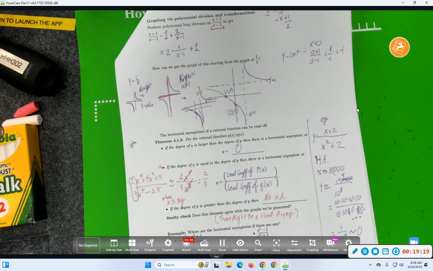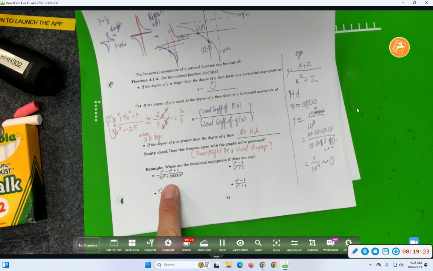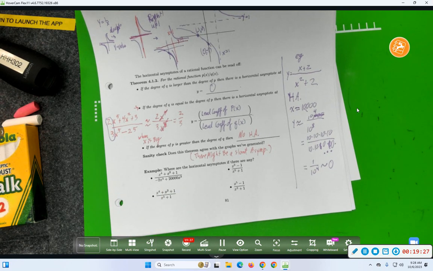Let's just use this fact to make some predictions. Where are the horizontal asymptotes of that first rational function, if indeed there are any? So to answer that question, let's ask this first. What's the degree of the polynomial that is the numerator?